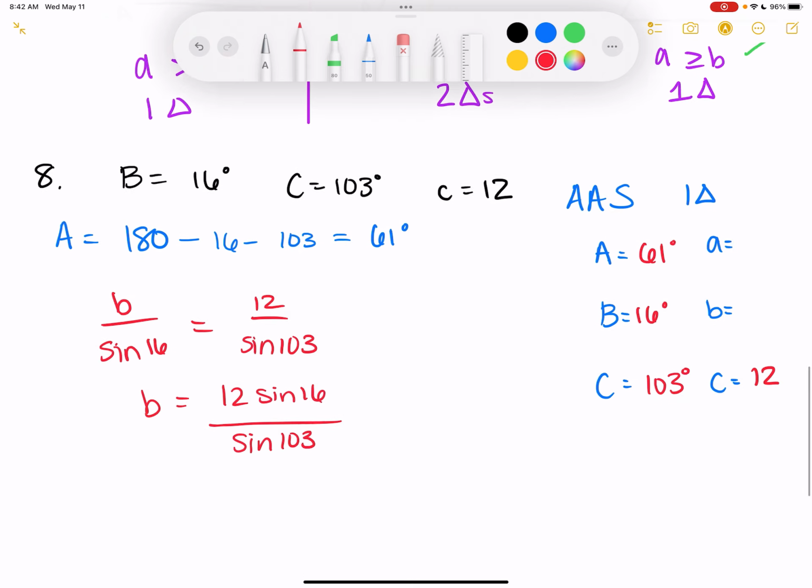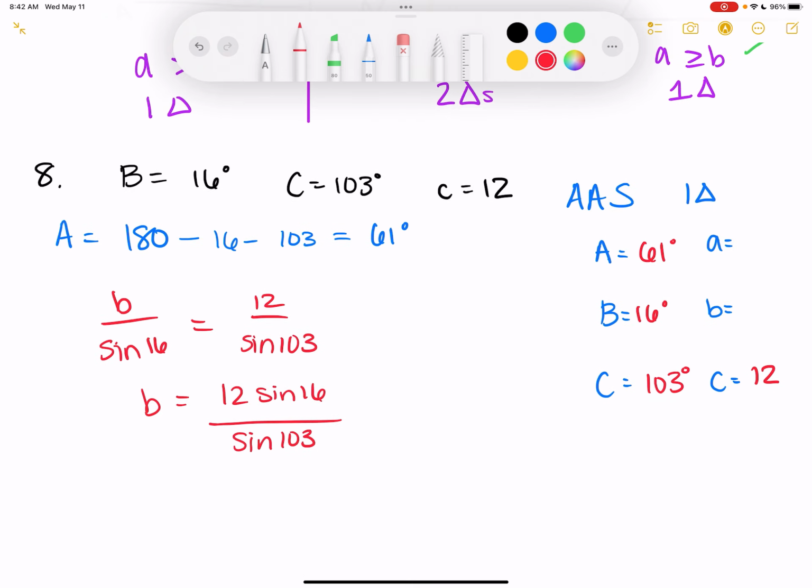My calculator app just exited out. 3.39. Is that right? Yeah, so we'll just round it to the nearest whole number, so we'll call it 3.